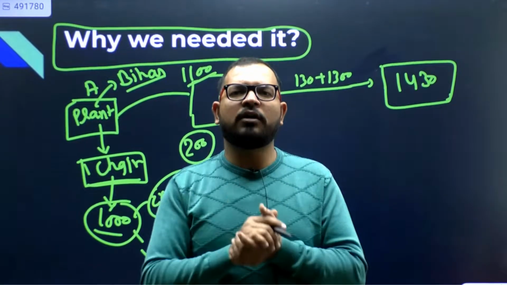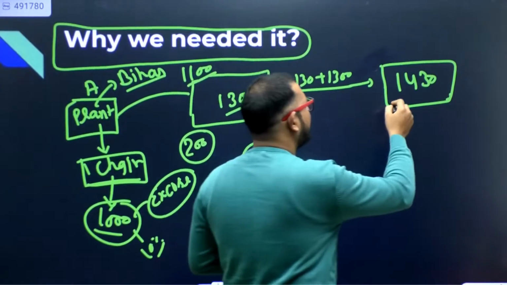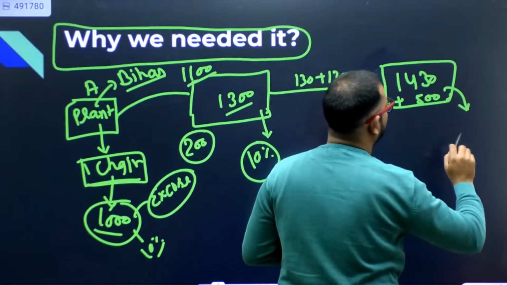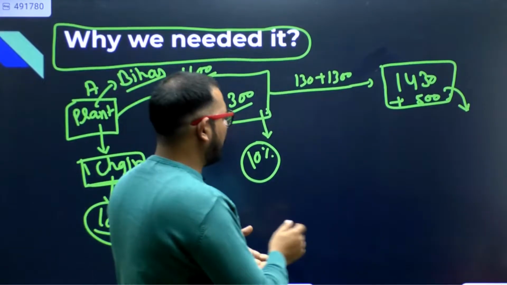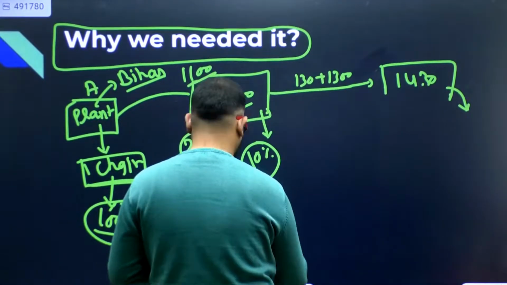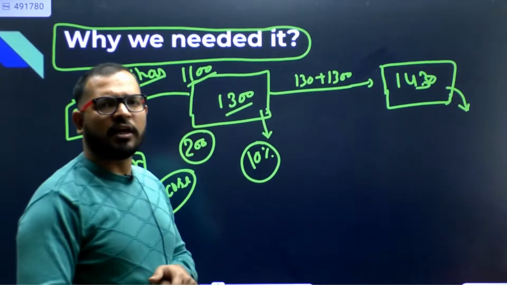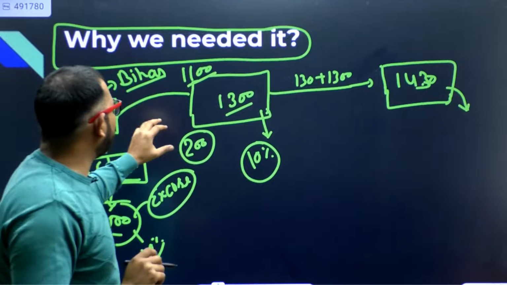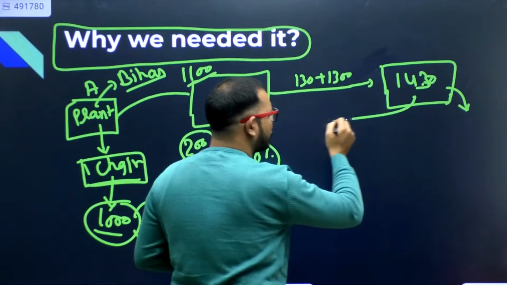So now you came to my shop and you want to buy the chair. Let's just remove my profit for now. So you have actually paid 1,430. So what is the issue? Let's break this down.